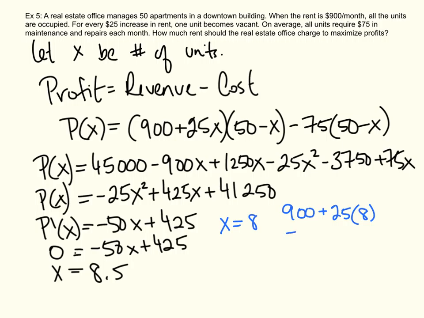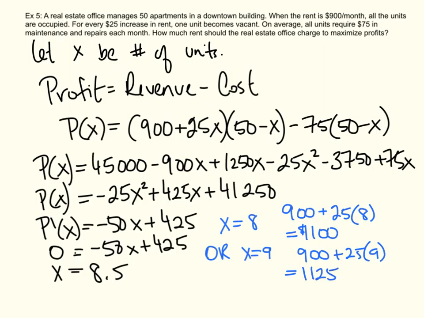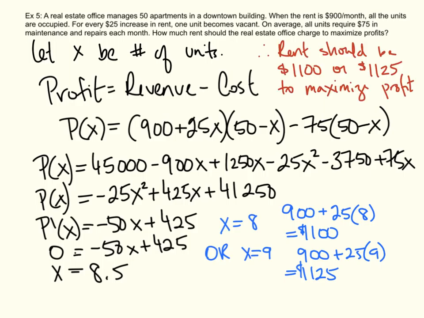So when we're trying to figure out how much rent to charge, it's going to be either $1,100, or if x is equal to 9, we would have 900 plus 25 times 9, which is $1,125.